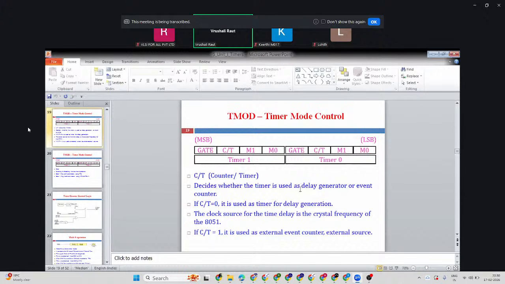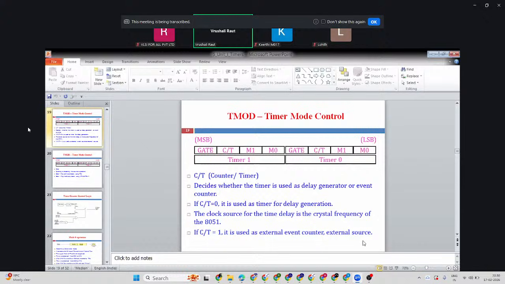Decide whether the timer is used as delay generator or event counter. C/T bar equals 0: it is used as timer for delay generation when you are putting 0. And for that, the clock source for time delay is the crystal frequency of the 8051. If C/T bar equals 1, it is used as an external event counter.